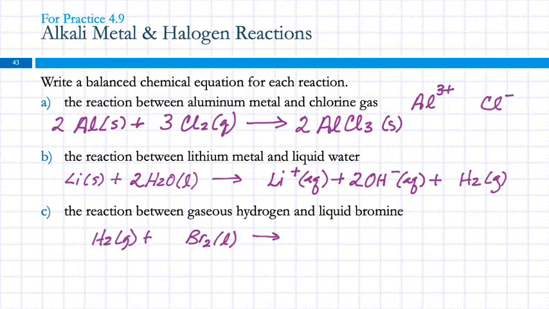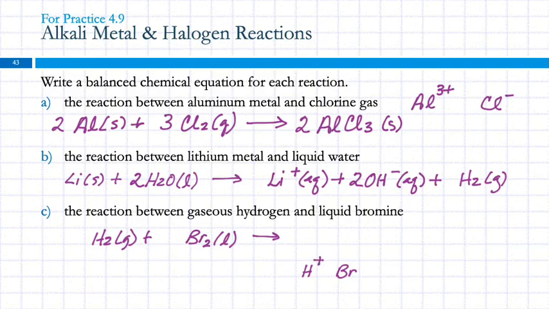What are these going to form? Well, have we seen anything that's got hydrogen and bromine in it together? Does that make you think of an acid, maybe? Hydrobromic acid? So this is not forming an acid here, but we can use the idea of the acid to figure out what its formula is.